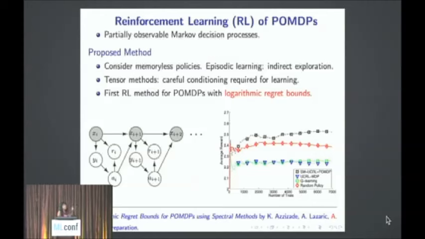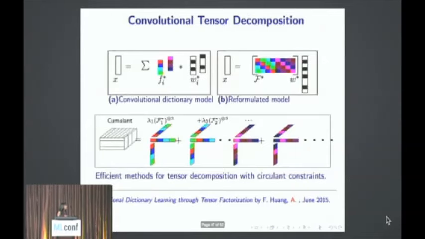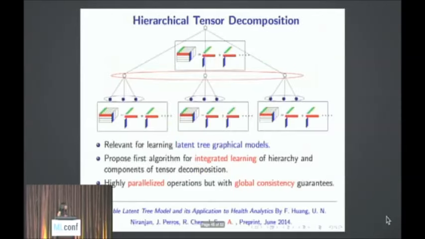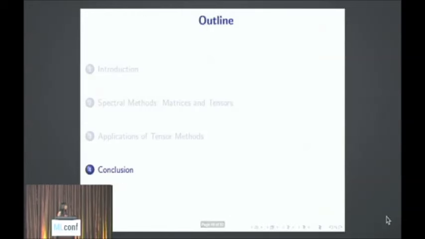For the first time, we can guarantee efficient training of these partially observable Markov decision processes. There are also convolutional models we can train and incorporate those convolutional constraints, which is important for image and other settings. There are also hierarchical tensor decompositions we can do and so on.